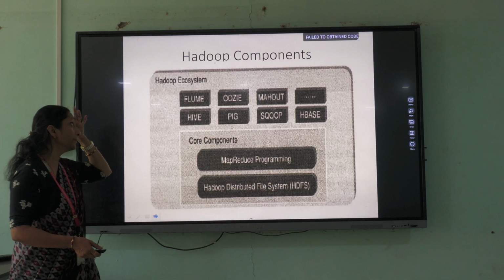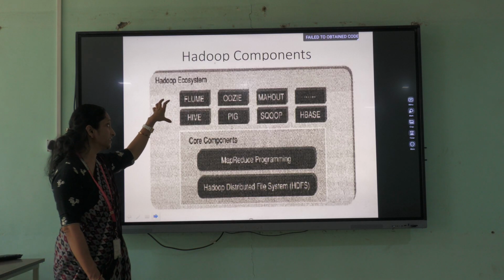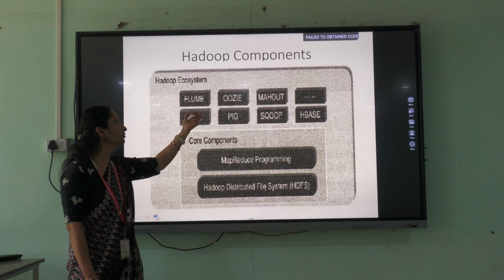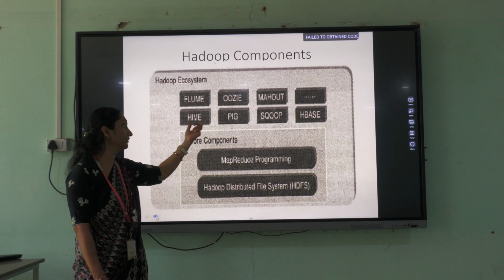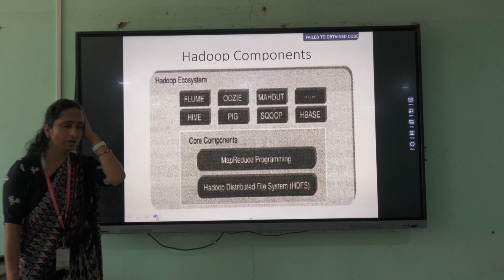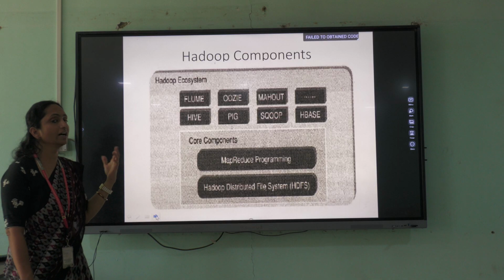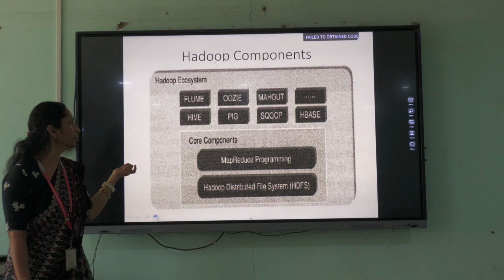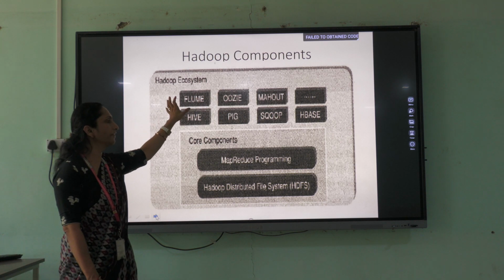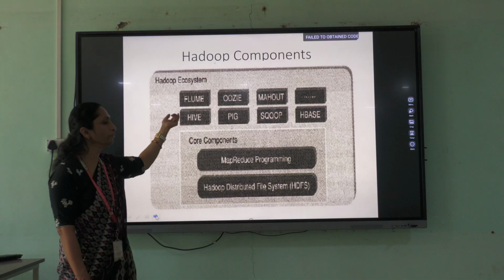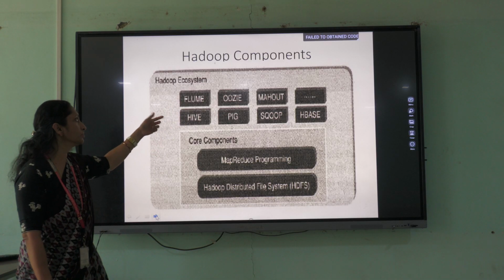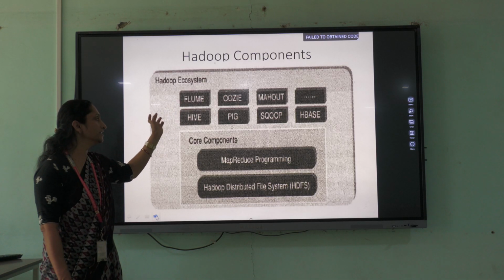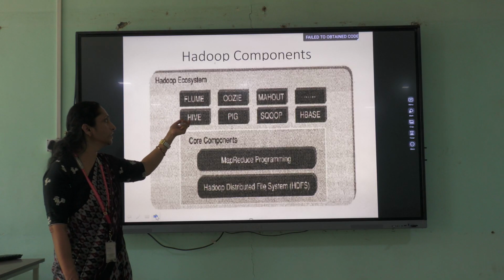Here the Hadoop components: first section is about Flume, Oozie, Mahout, Hive and Pig. These are all the extra layers we will take in the Hadoop architecture. These all have their own specialty. Flume is like managing the resources. Oozie is also managing the resources and schedulers.